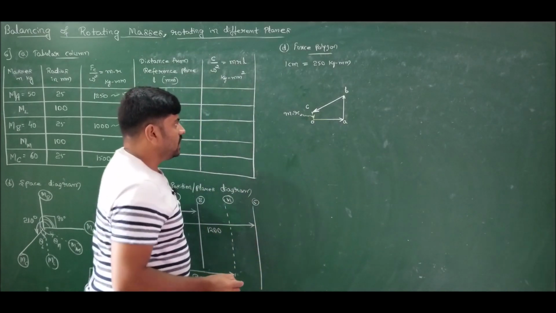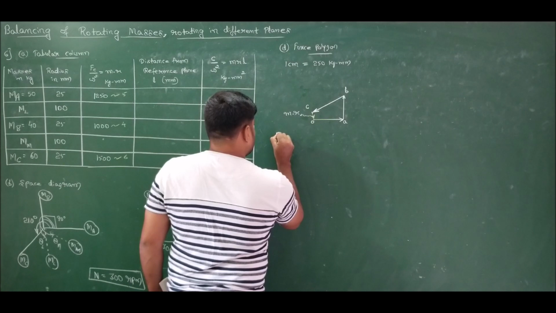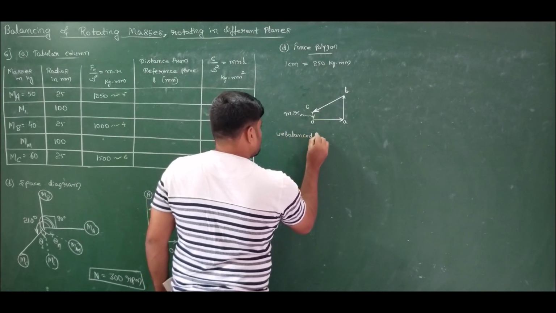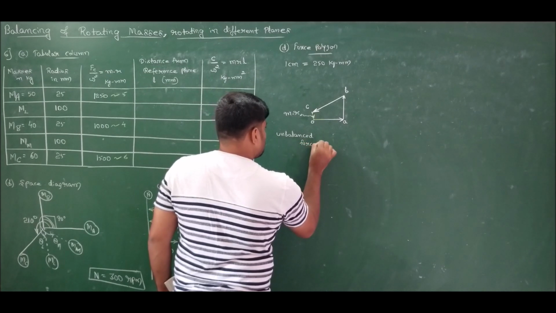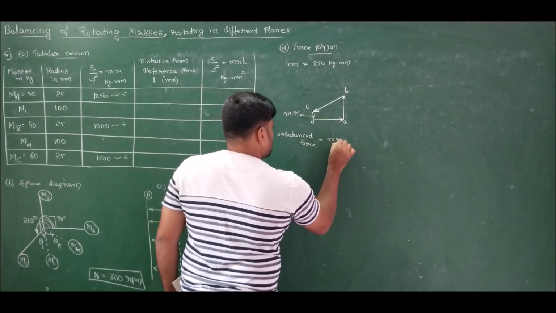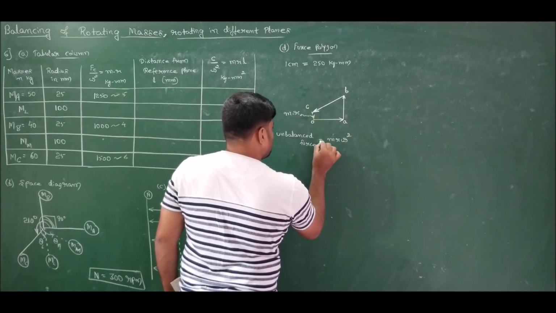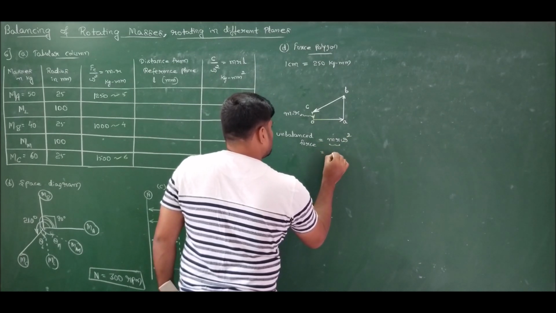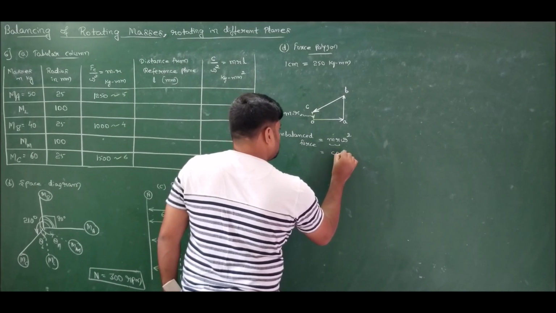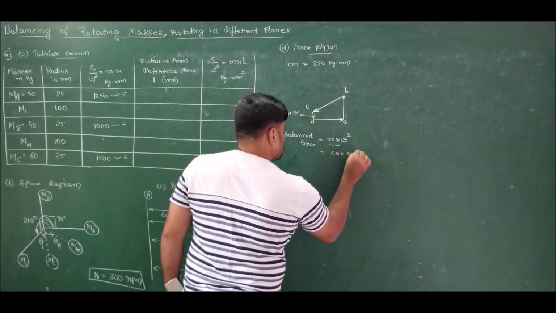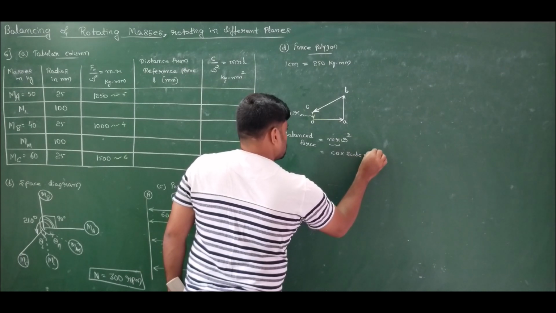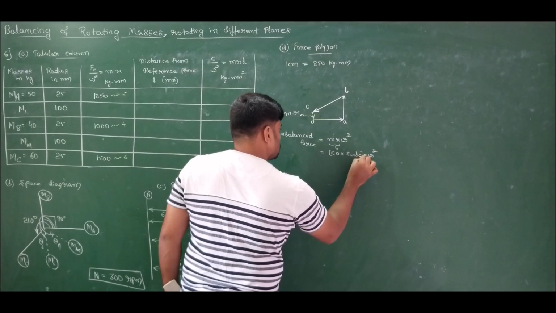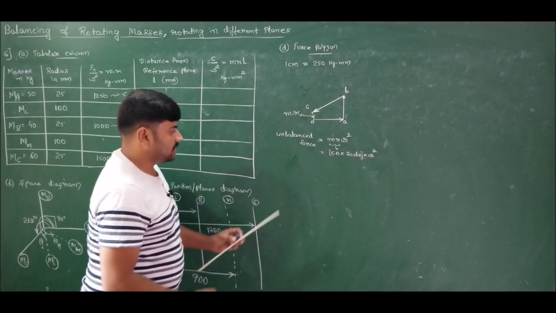So therefore unbalanced force is equal to m r omega square. So this m r is nothing but the line length CO into scale into omega square. How much is this line length?